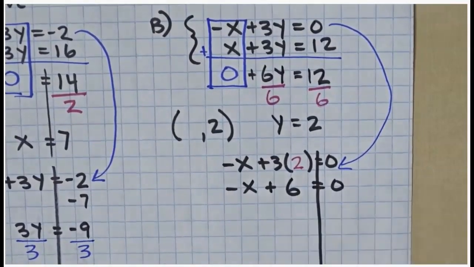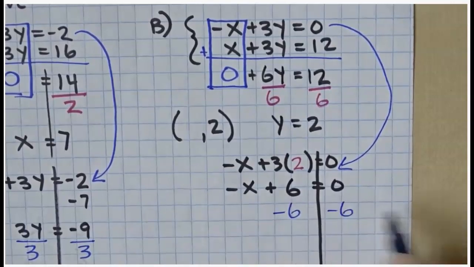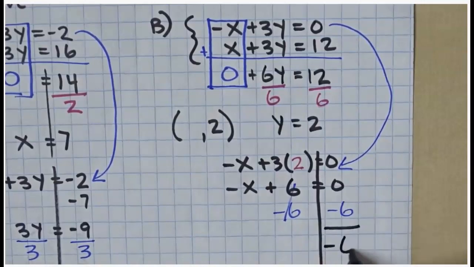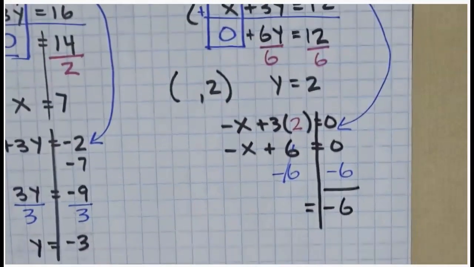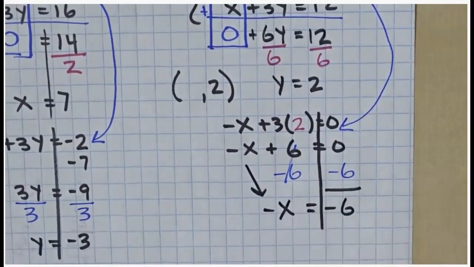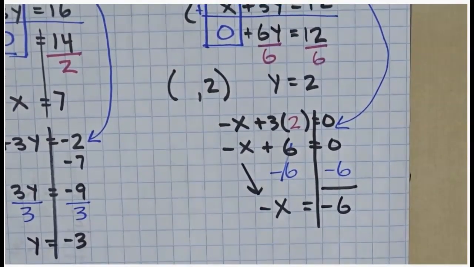Now I can get rid of the 6. Addition of 6, subtracting 6. And that's going to be negative 6 on the right side. And bring down this negative x over here. Now, we're not done because that's not x. That's negative x. And I want positive x.